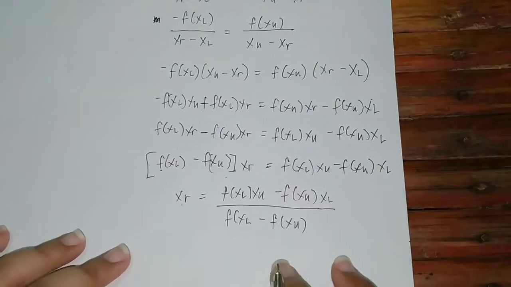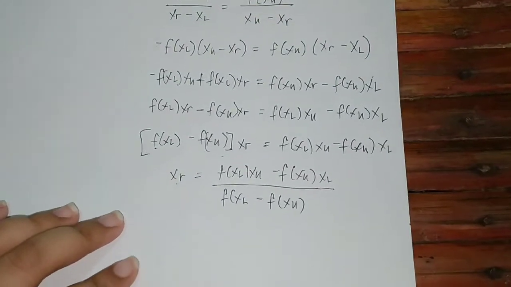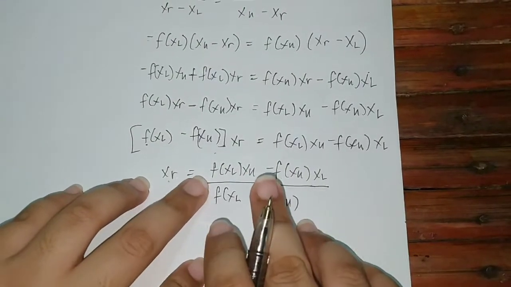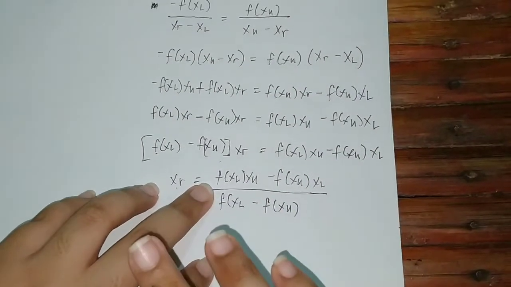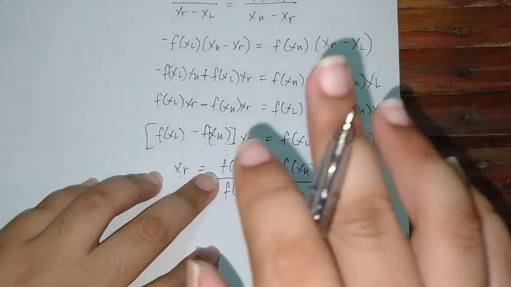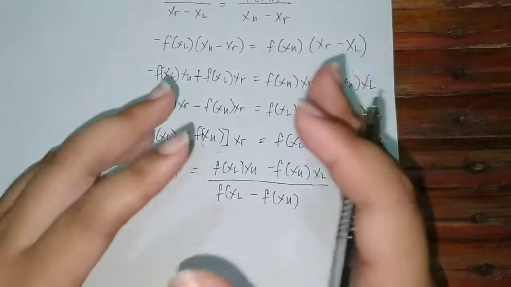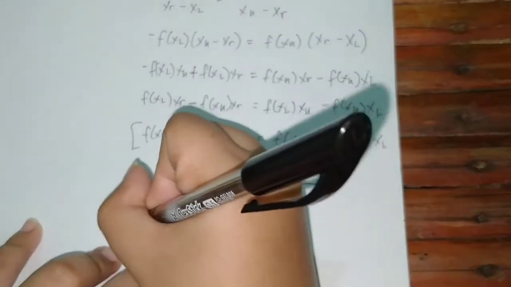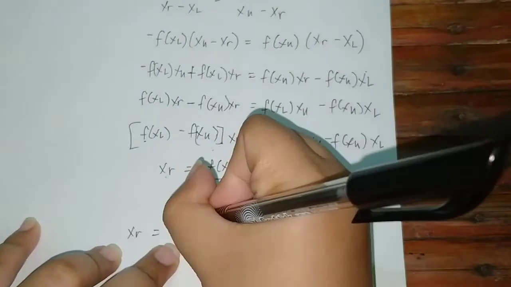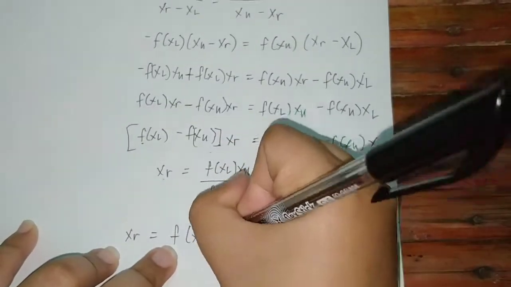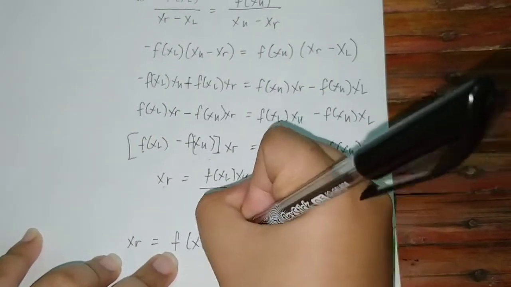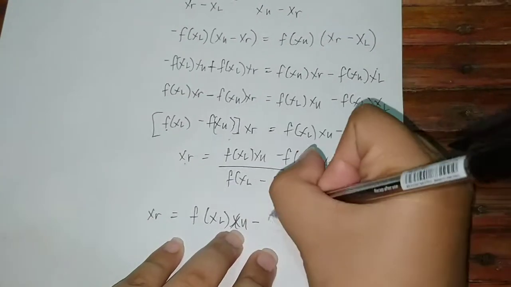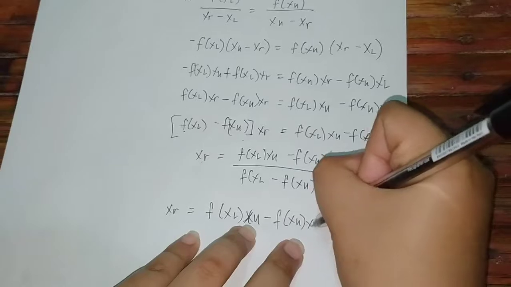And then, after that, we have to add another term that will still be equal to 0, so we have to add here x_R is equal to f(x_L) x_U. We'll use f(x_U) x_U.